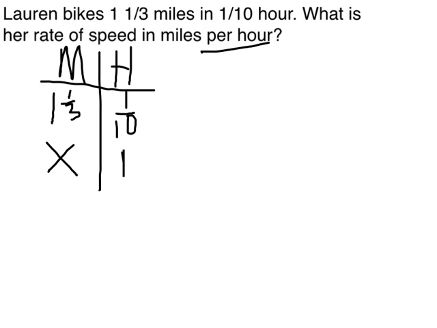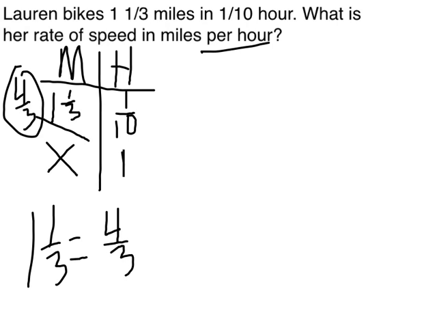And actually, before I do that, I'm going to change this value to an improper fraction so it's easier for me. So if I have 1 1/3, 3 times 1 is 3 plus 1 is 4, so this is the same as 4 over 3.